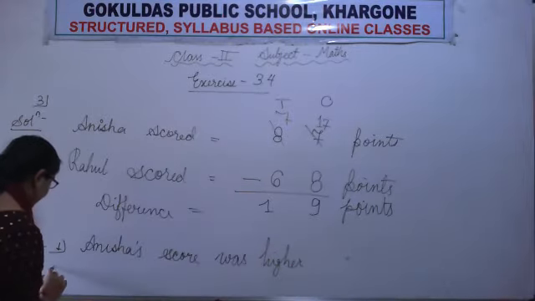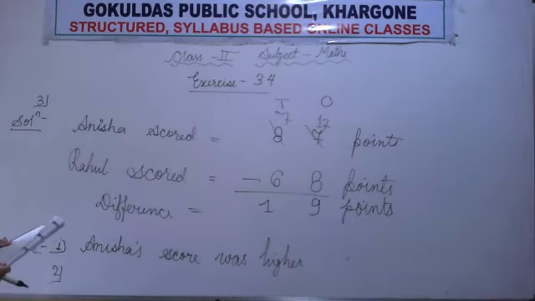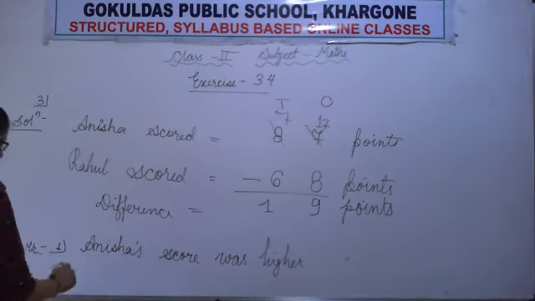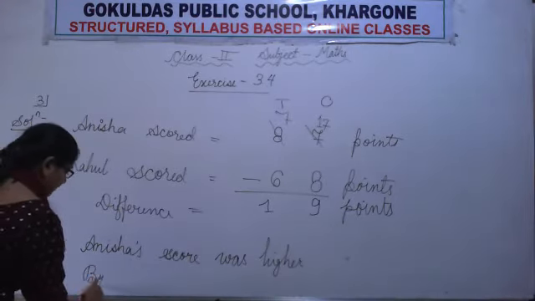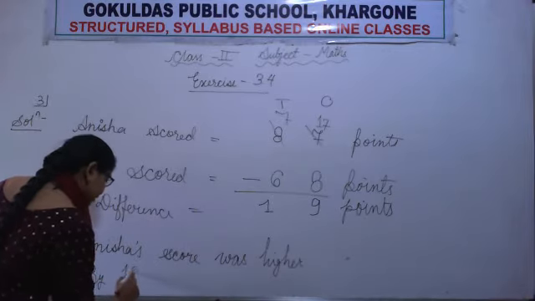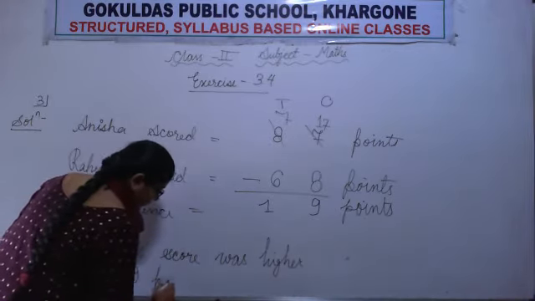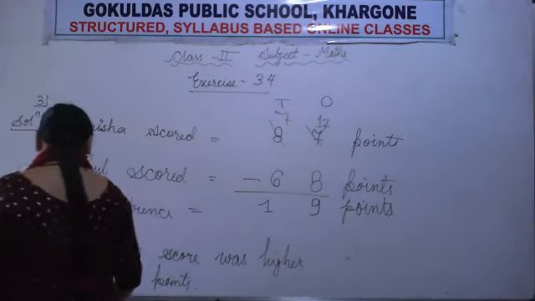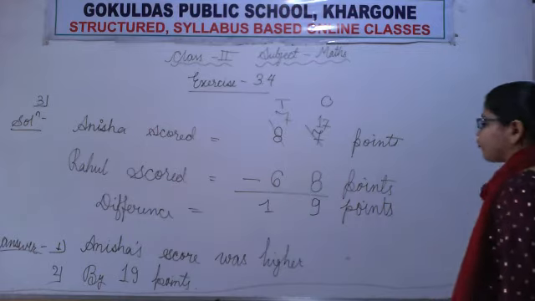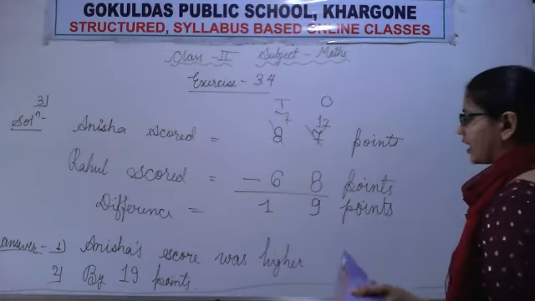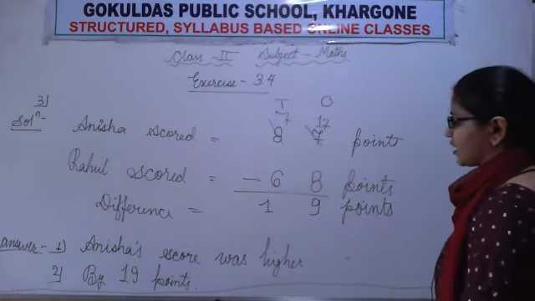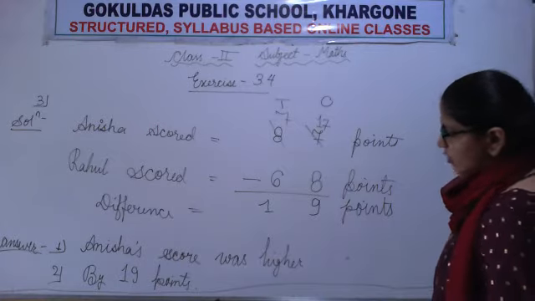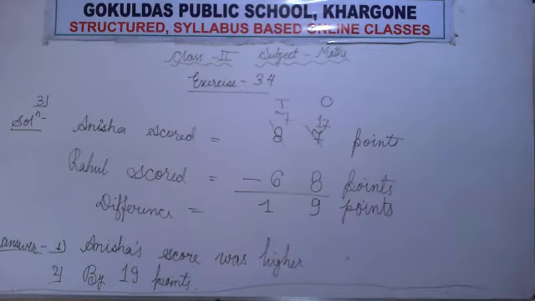Now the second thing they have asked us is by how much. So we will write by 19 points. Okay. So all of you note down this: Anisha scored higher and she is having more points by 19 points. Okay. So all of you note it down.